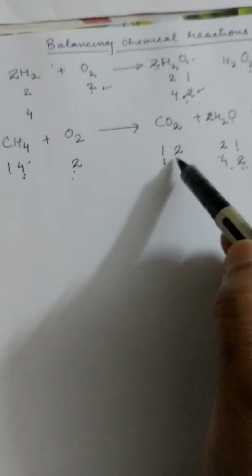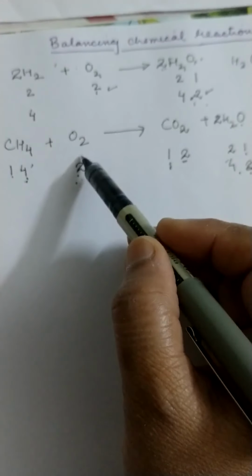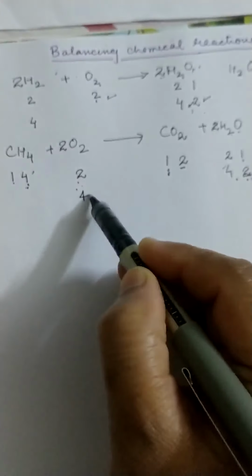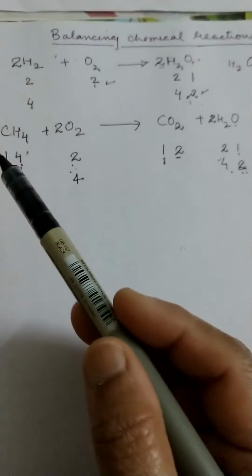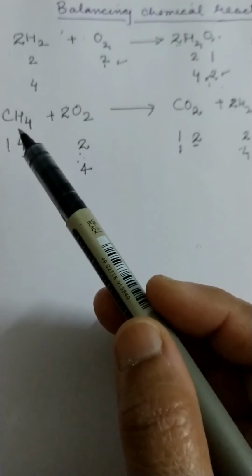Hydrogen also becomes 4, right? Oxygen is 2, but here oxygen, if you check, 2 plus 2, 4. So here also we'll have to make 4. So I will put 2 here to make it 4. If you count atoms on both sides, you will see both are equal on the reactant side as well as on the product side. Carbon 1, carbon 1.